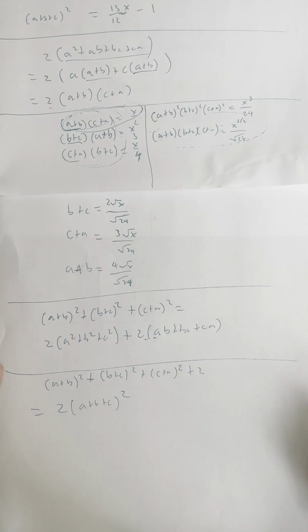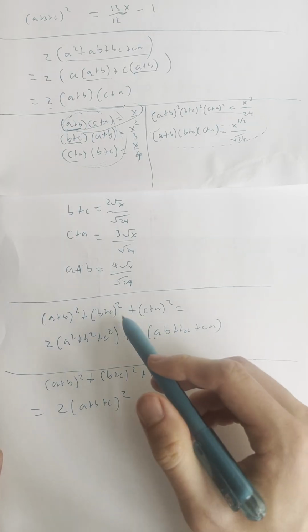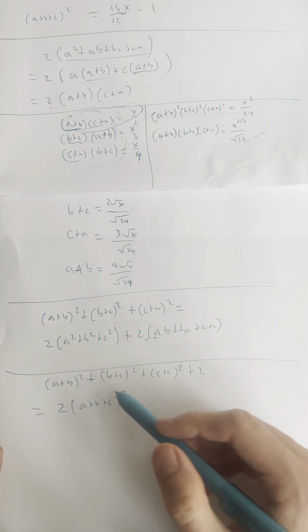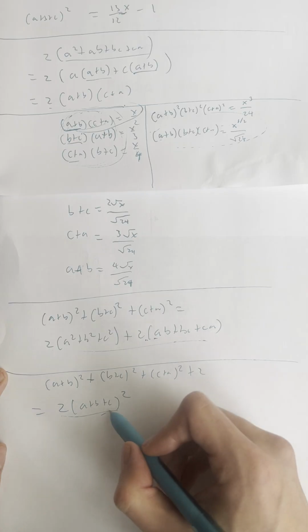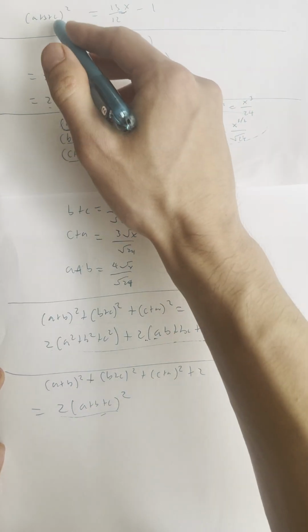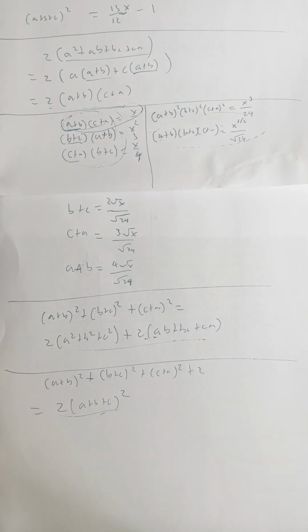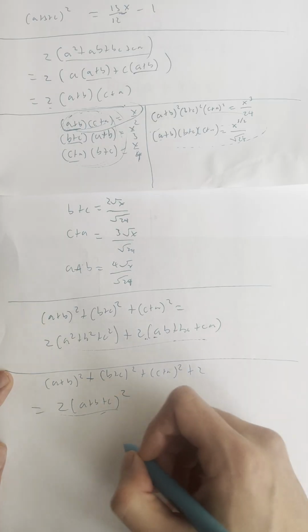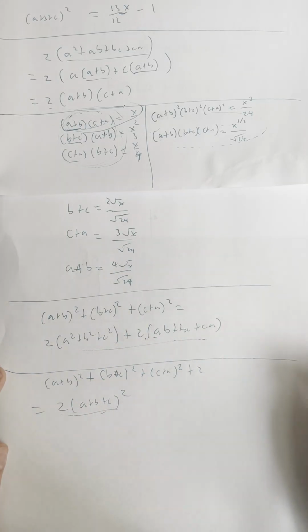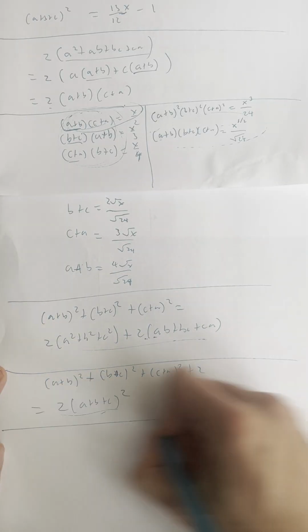The reason for adding 2 times this to both sides is to factor this as this, so we can get it to look like this. And then we'll divide both sides of the equation by 2.